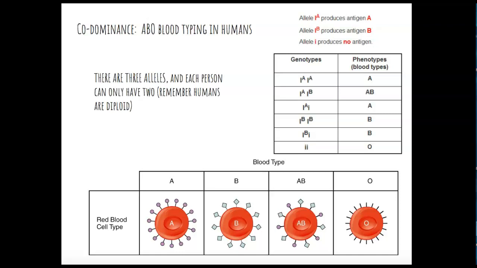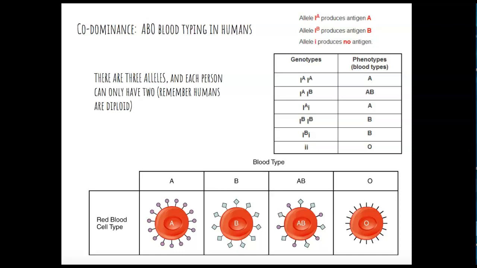So allele A would produce A antigens, allele B produces B antigens, and allele little i produces no antigens. The combination of these 3 alleles creates 4 different potential phenotypes.